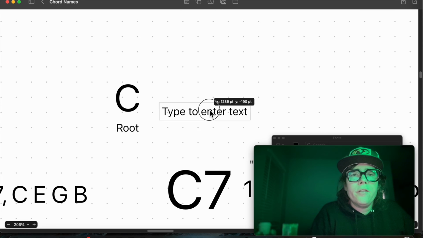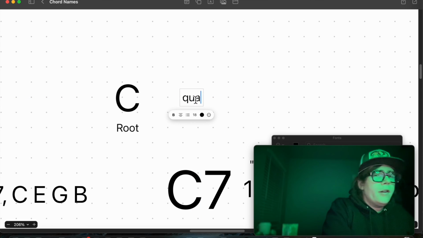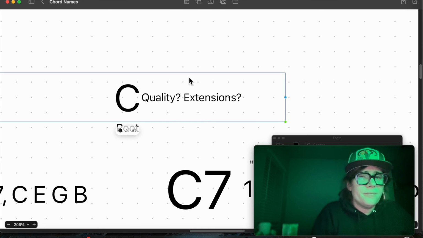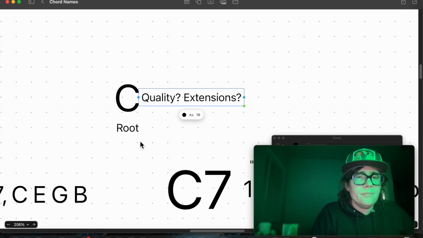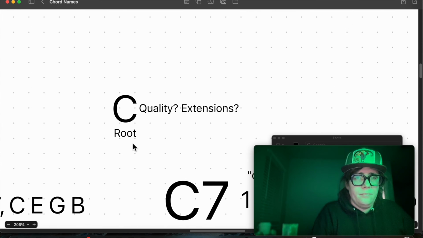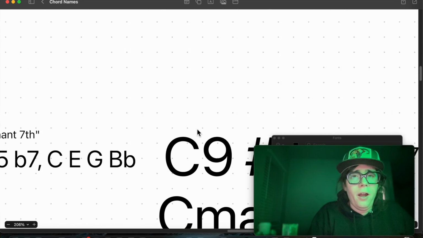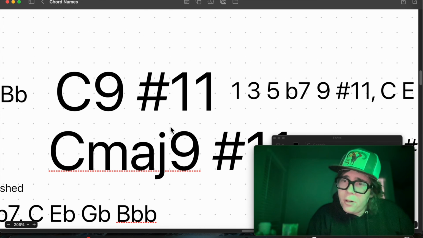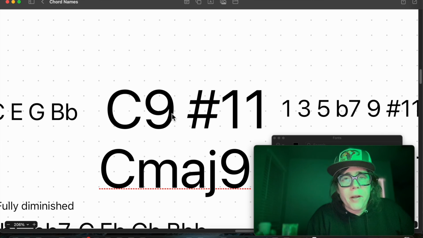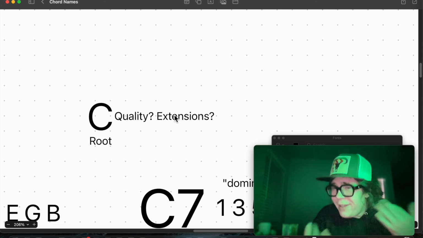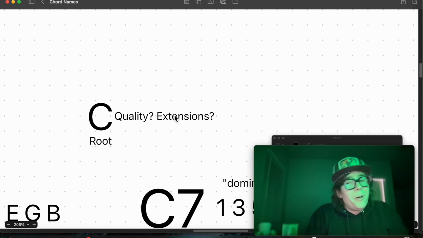And then over here, we have quality, extensions, and sometimes this can include accidentals, as we saw with sharp 11. It's also possible to have flats in those as well. Flat 13, flat 9, etc. Okay.